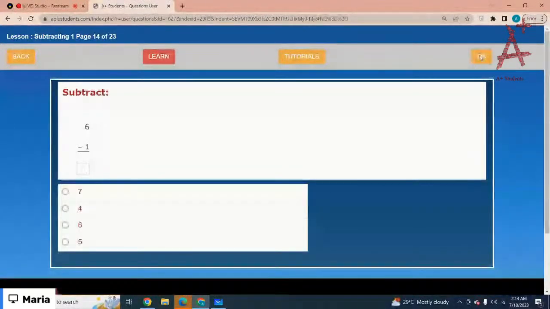The next take away 1. 6 take away 1 is, you have to go back by one number. So 6 take away 1 is 5. The correct option is 5.